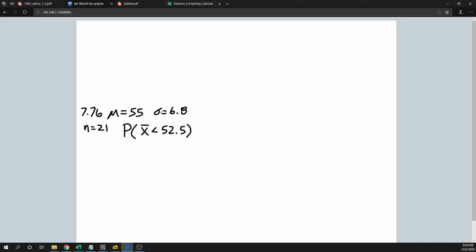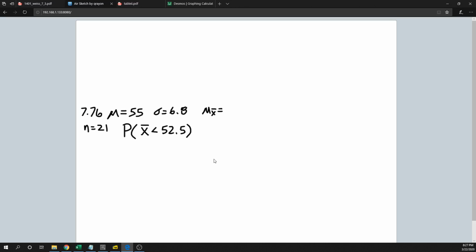Okay, so here's all the information, and I wrote it right in the middle again. What we need to do to calculate this probability involves the sample mean, right? So we know that we are going to use the sampling distribution of the sample mean. So we have to figure that out first. What is the mean of the sample means?